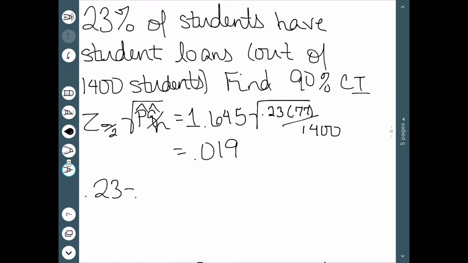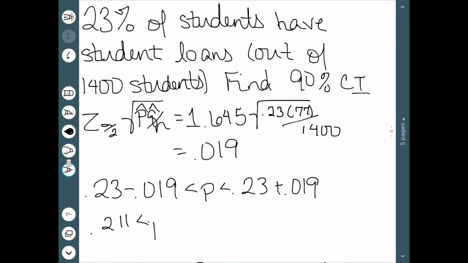So now I have 0.23 minus 0.019 and 0.23 plus 0.019. That gives me 0.211 is less than P is less than 0.249. So I've discovered the actual percentage of people who have student loans is somewhere between 21.1% and 24.9%.